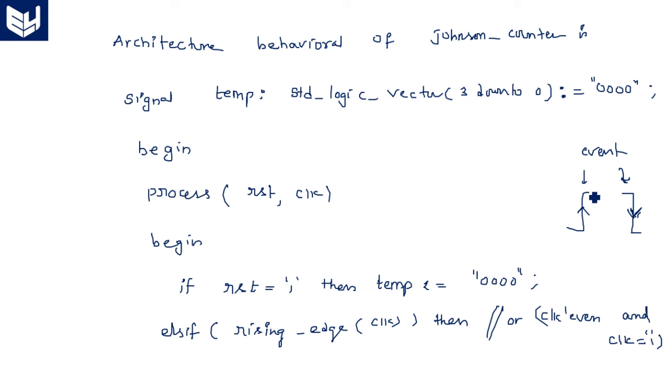If you are using a rising edge clock signal, then we specify clock is equal to 1. If it is a falling edge signal, then we specify clock equal to 0 with clock'event. So depending on the rising or falling edge of the clock signal, we specify whether it is clock equal to 0 or 1 along with clock'event. Instead of that we can also simply say rising edge of the clock.